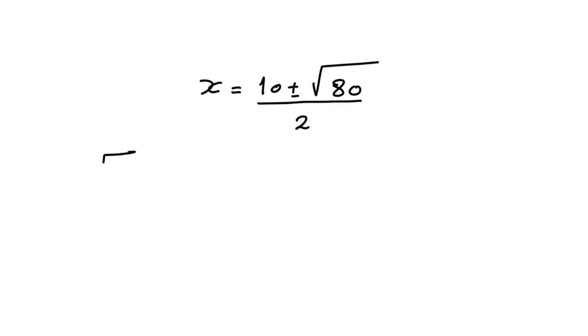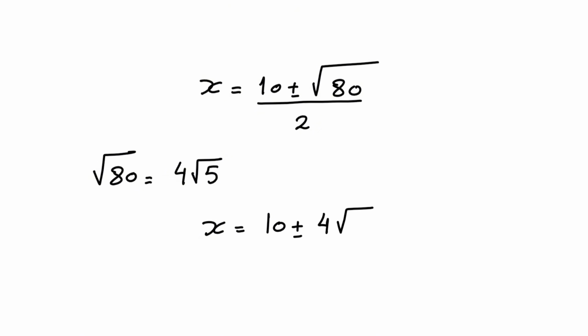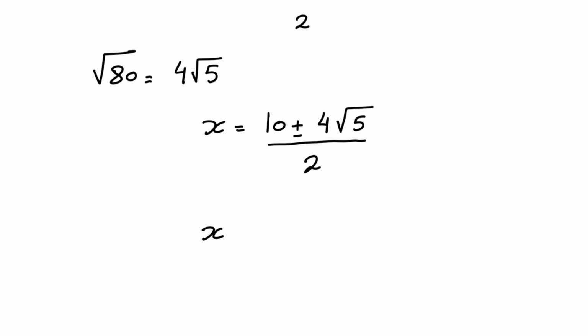Since the square root of 80 is 4 square root of 5, we get x equals 10 plus or minus 4 square root of 5, divided by 2. Therefore, the two possible values are x equals 5 plus 2 square root of 5, or x equals 5 minus 2 square root of 5.